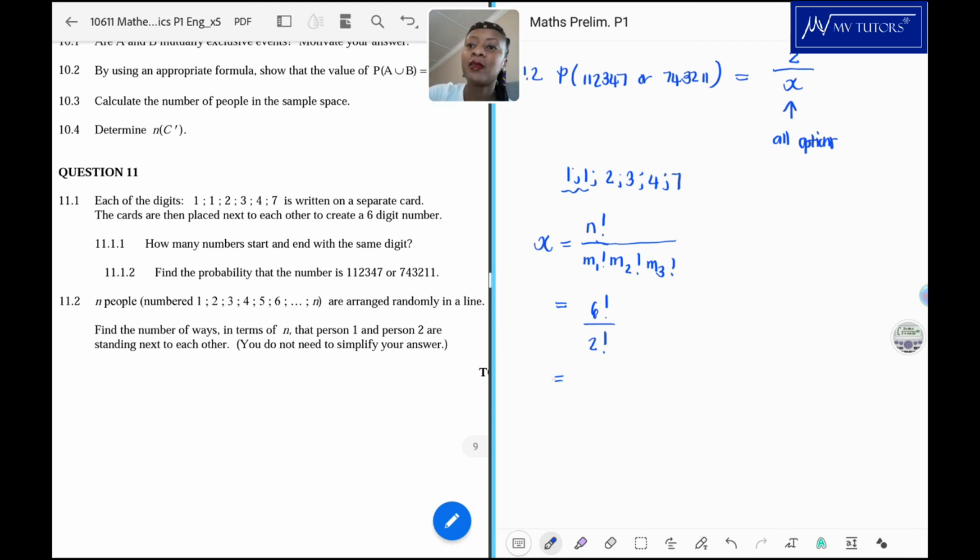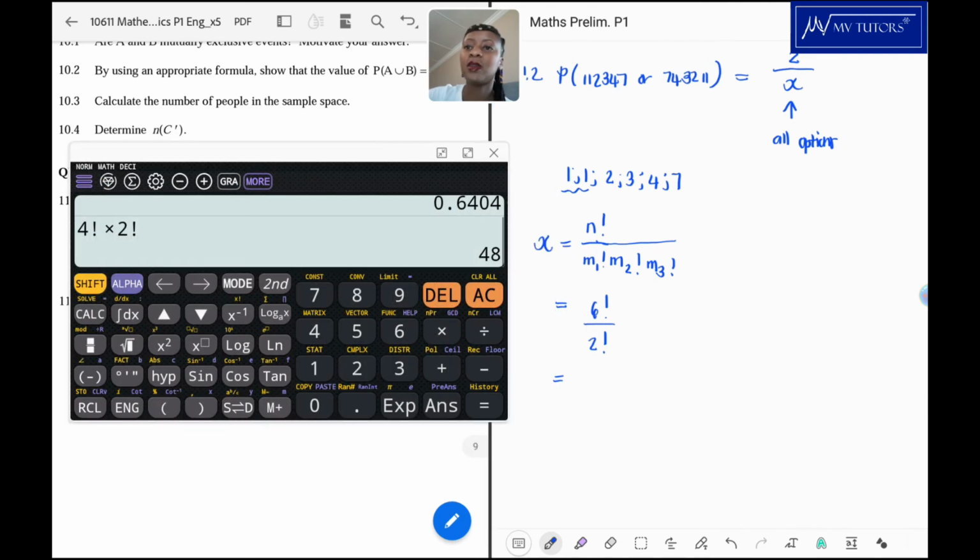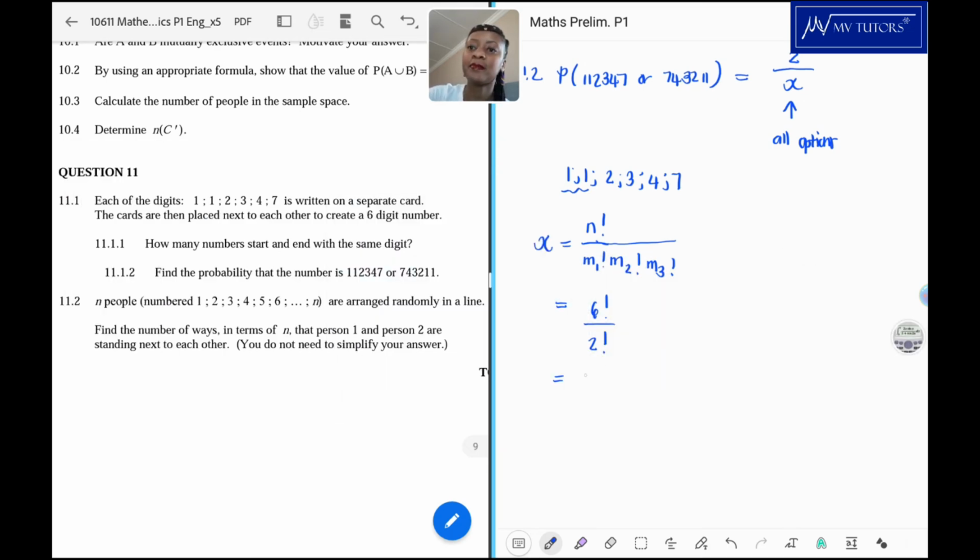Let us calculate that value. Let's start again: 6 factorial over 2 factorial, and that answer would be 360. So the possible events are 360.